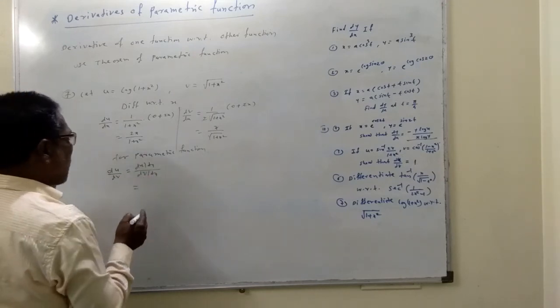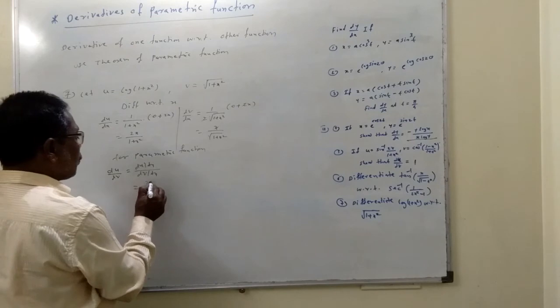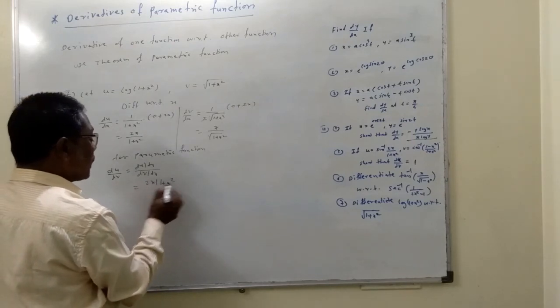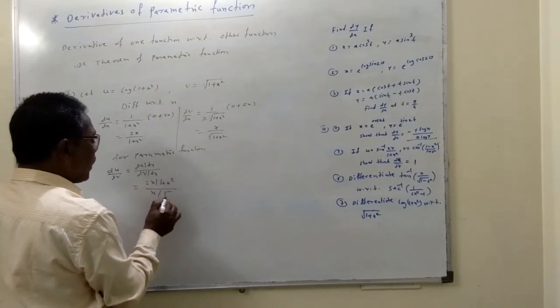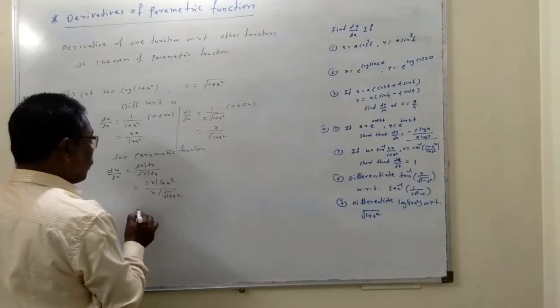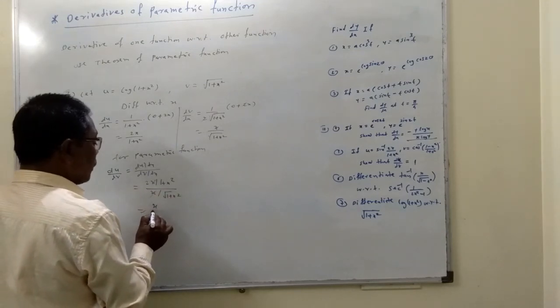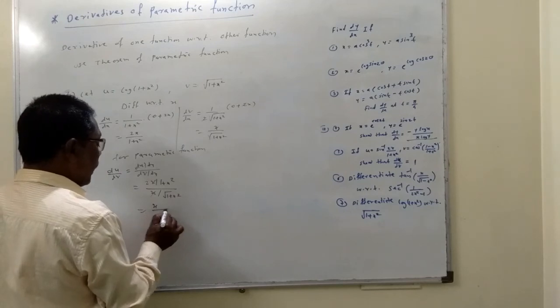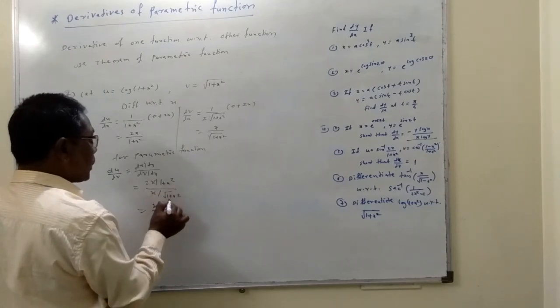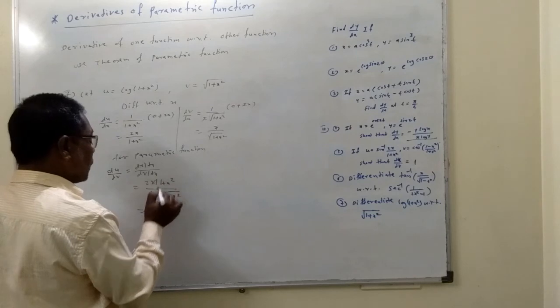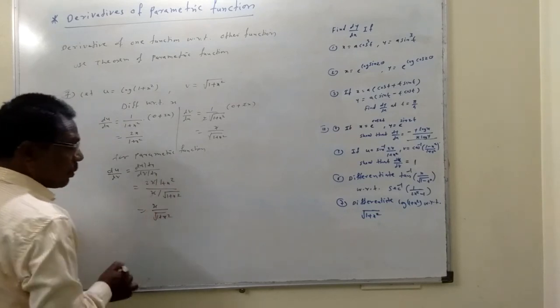So that is equal to 2x divided by 1 plus x square, divided by x upon under root 1 plus x square. So that is equal to x divided by the root of 1 plus x square, since this root comes up here.